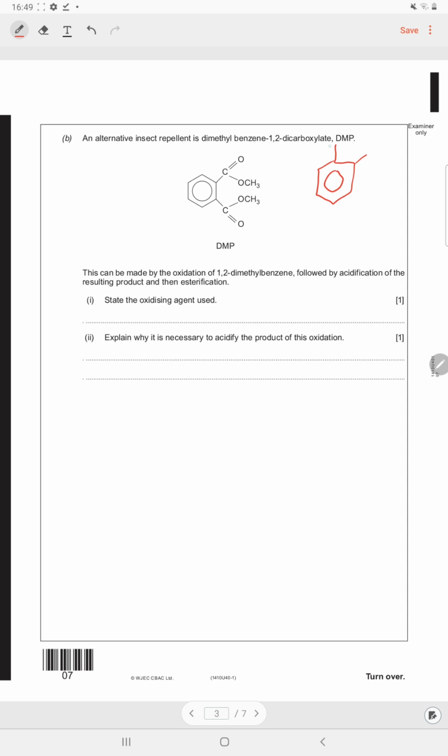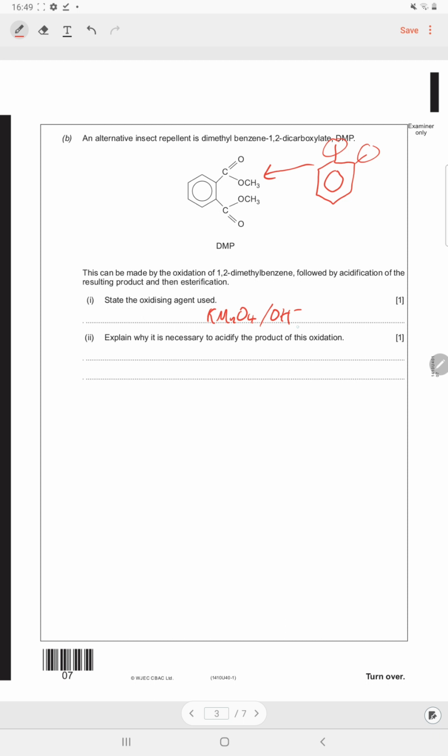So we need to oxidize the methyl side chains to turn it into that. If you didn't get this, go back, look at your notes. There's a little section we did about oxidizing alkyl side chains, and you use KMnO4, under alkaline conditions.